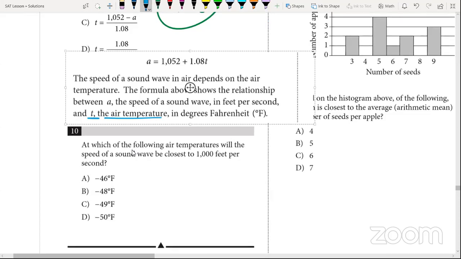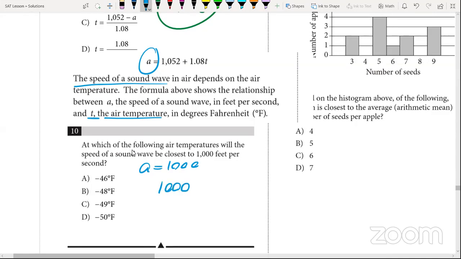So the speed of a sound wave is the whole thing they're talking about. It's A, and we need A to be 1,000. So in the equation, that would look like 1,000, which is A, equals everything else that we had. So now we can take away 1,052 from both sides and divide both sides by 1.08.